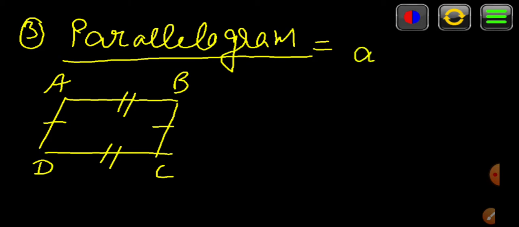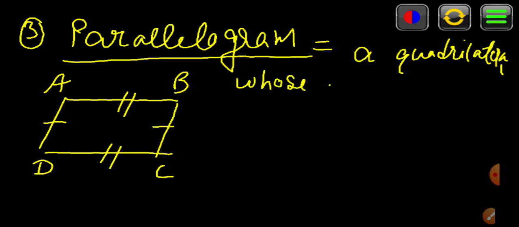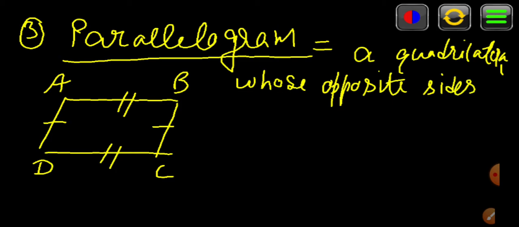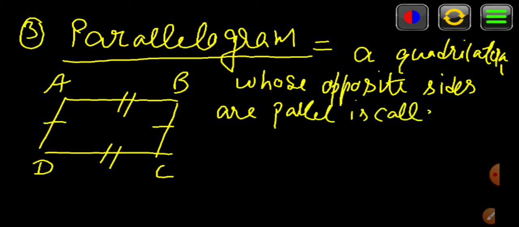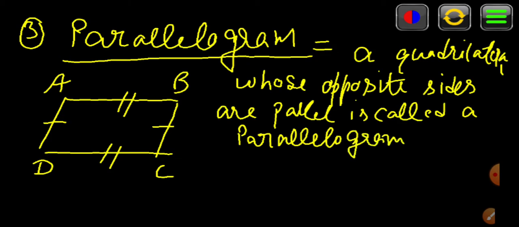A quadrilateral whose opposite sides, understand it, whose opposite sides are parallel is called a parallelogram. By the symbol we can write it like this.